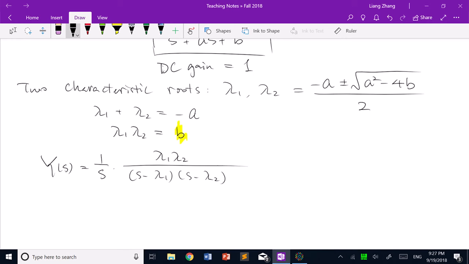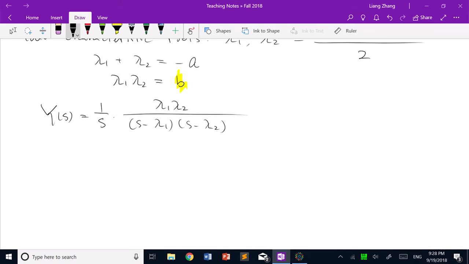Your numerator is b, and b, as we have done here, will be the product of the two lambdas. And this is because we make the DC gain equal to 1. So even in this form, you can find the DC gain is set to 1.